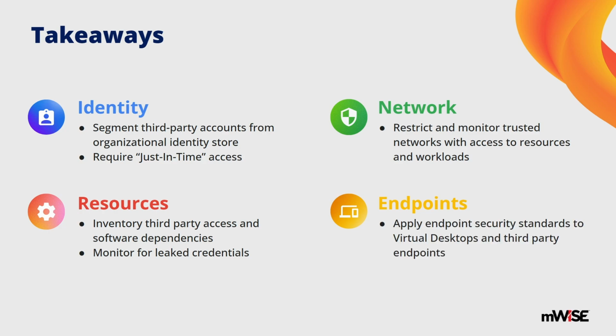And then lastly, for endpoints, if you're allowing access from third parties, make sure you're enforcing that same level of security controls on their endpoints and on their virtual desktops as well. That means making sure EDR is installed, restricting the use of personal devices, and monitoring for any abuse of the virtual desktop environments.